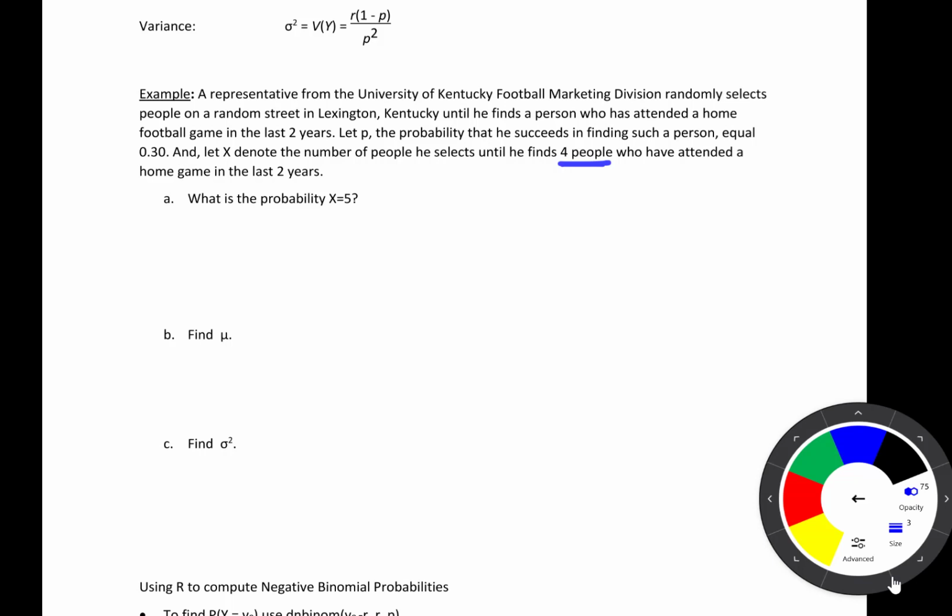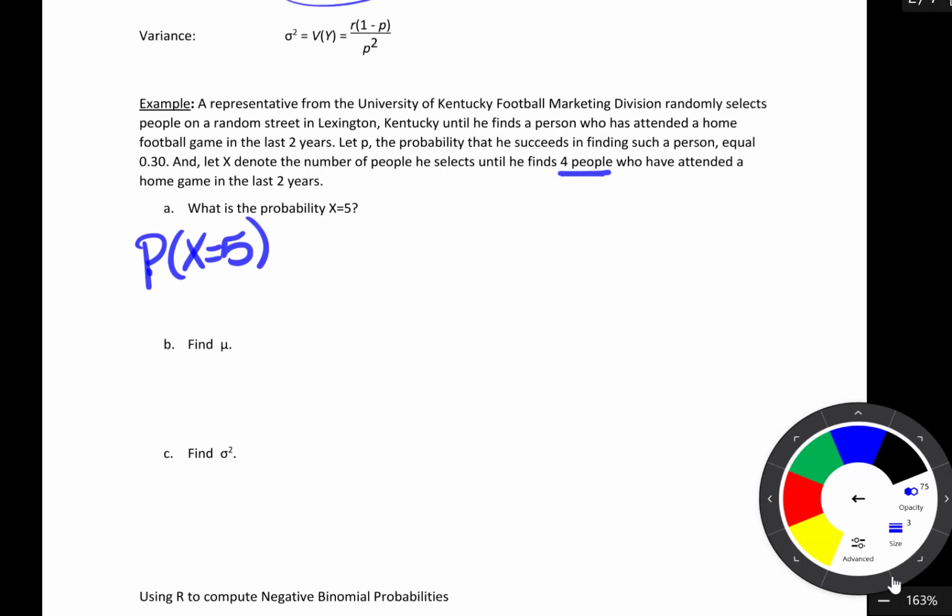So A asks, what is the probability that x is equal to 5? So what we're saying here is that we spoke with 5 people, and we know that the fifth person that we spoke to was the 4th success. So notice there are 3 other successes that occur somewhere in these 4 trials.